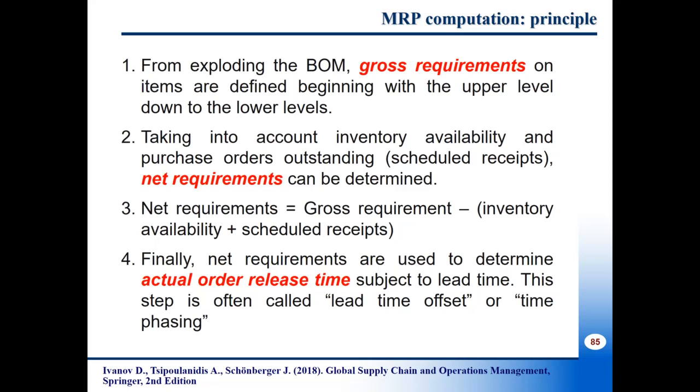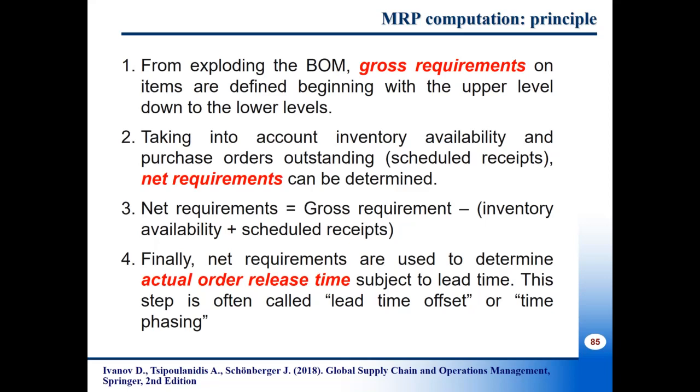MRP calculation is based on the following algorithm. From exploding the bill of materials, gross requirements for items are defined, beginning with the upper level down to the lower levels. Taking into account inventory availability and purchase order outstandings, or scheduled receipts, net requirements can be determined.